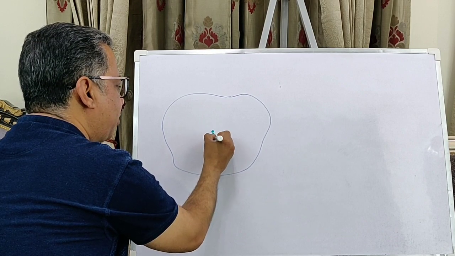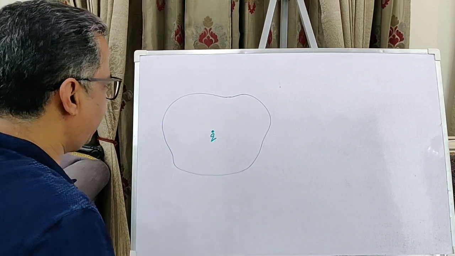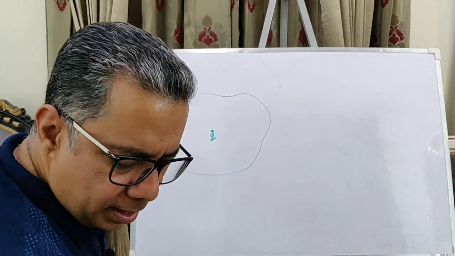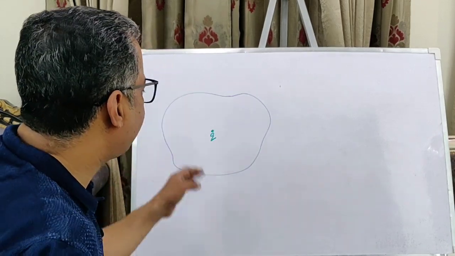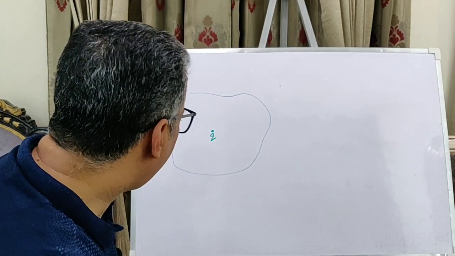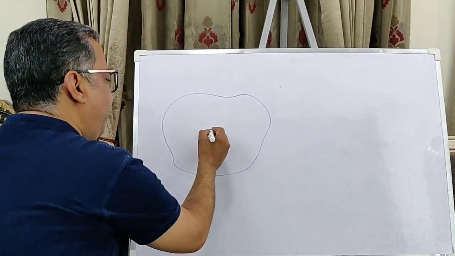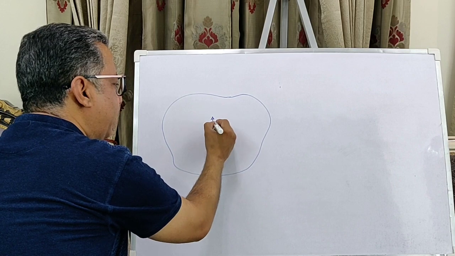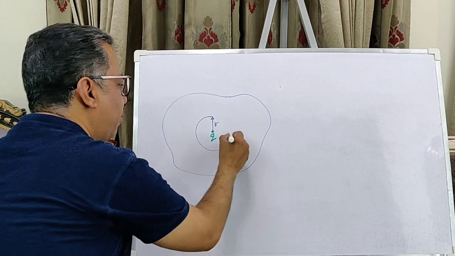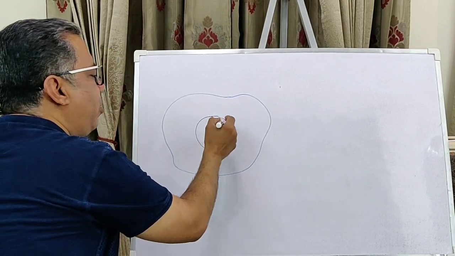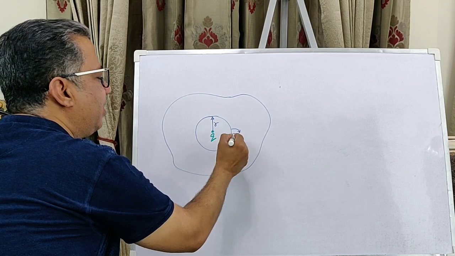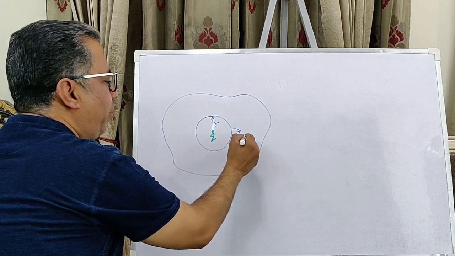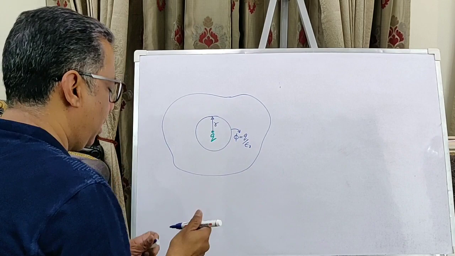So we have a charge q kept inside a closed surface, and we are calculating the flux through this. Now to calculate this flux, I keep this charge at the center of a smaller sphere. I draw this sphere. Now I know the flux through this surface would be q by epsilon naught.